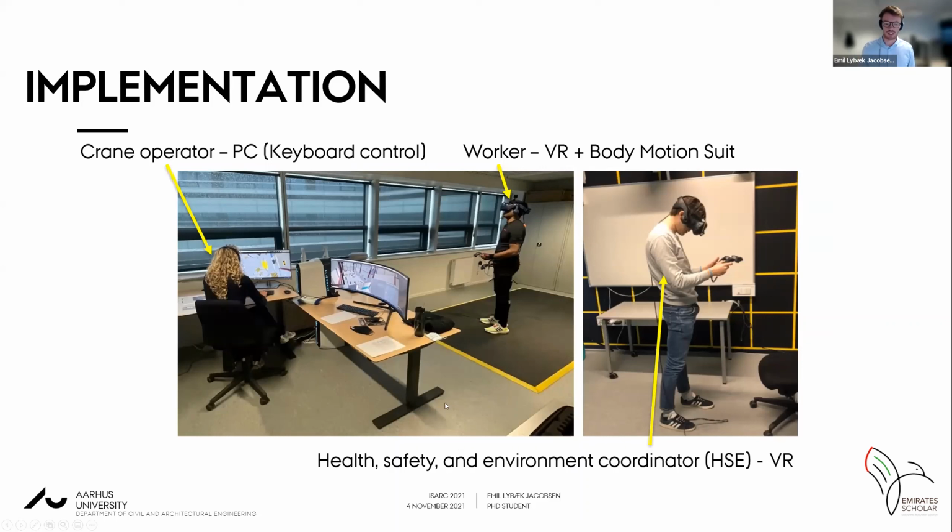The last person is the Health, Safety and Environment Coordinator, the HSE, and he's located in a different room. Effectively, all 3 could be in different rooms, but for this specific experiment, we have a shared room due to logistics.